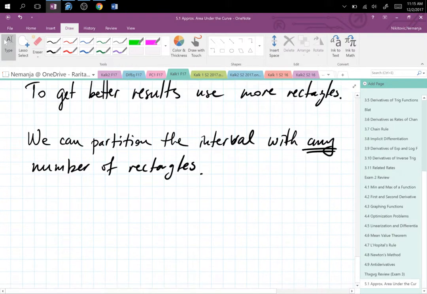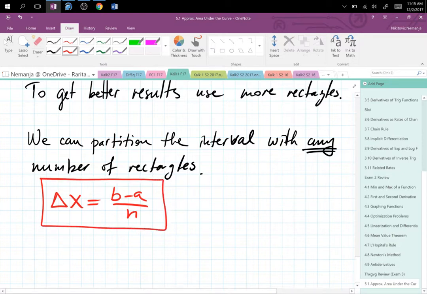It doesn't matter. The formula says that delta x is equal to b minus a over n, where n is the number of rectangles.